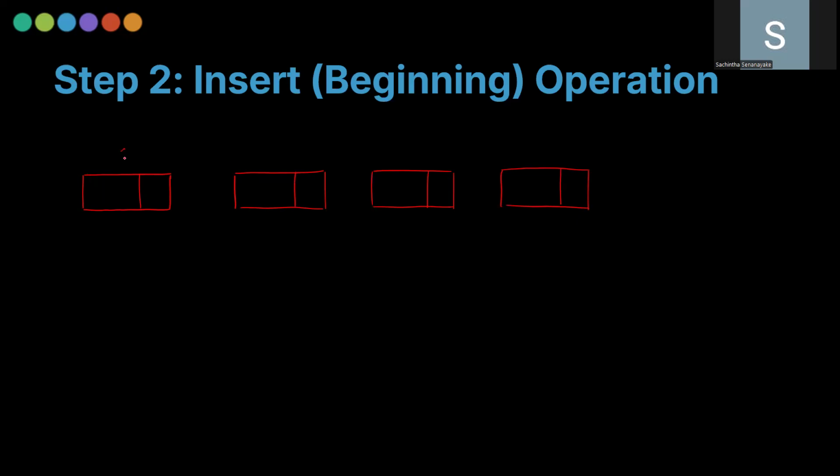Let's start off by initializing our empty linked list as before, where we have 4 nodes in our linked list. Let's give each of these nodes the usual indices 1, 2, 3, and 4.